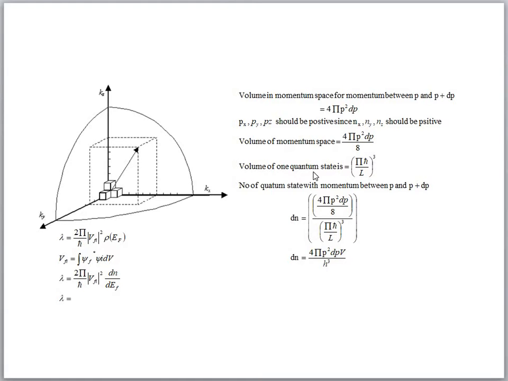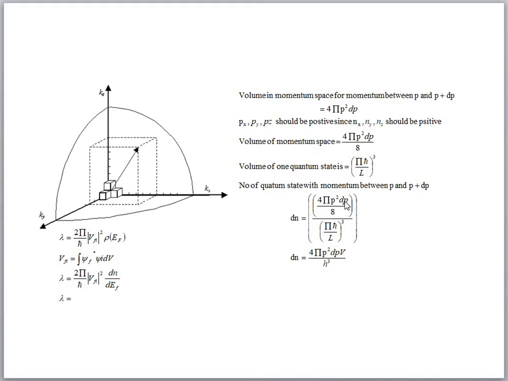The volume of one quantum state is given by pi h cut by L, the whole cubed. This you already studied in your statistical physics class. So the number of quantum states with momentum between p and p plus dp is given by the total volume divided by the volume of one quantum state.